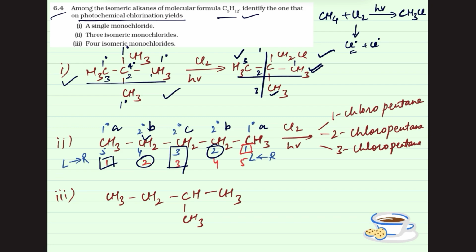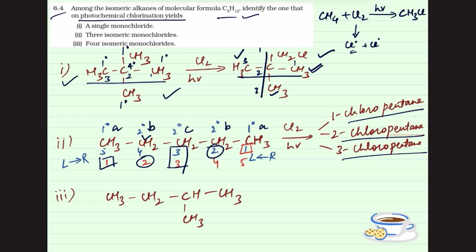When carbon number 1 is bonded to chlorine, it is 1-chloropentane because the longest carbon-carbon chain is of 5 carbons. When carbon number 2 is bonded to chlorine, it is 2-chloropentane, and when carbon number 3 is bonded to chlorine, it is 3-chloropentane.